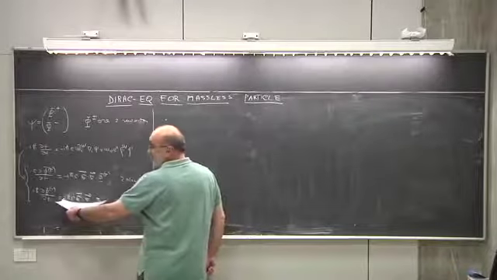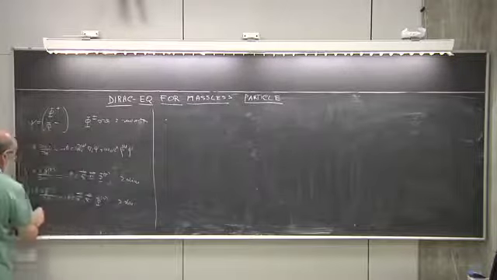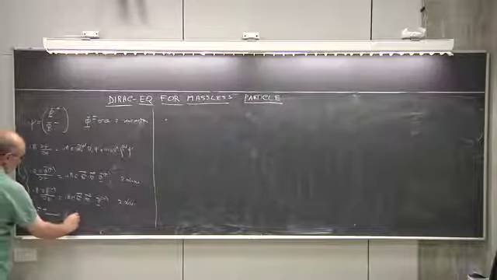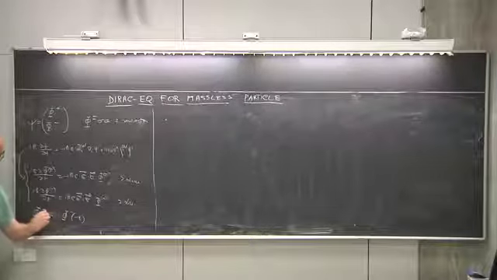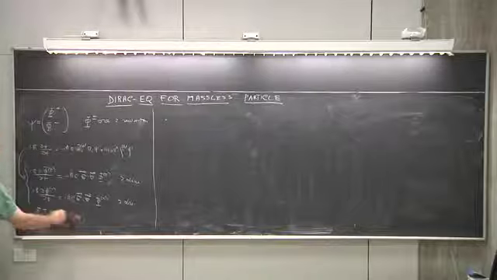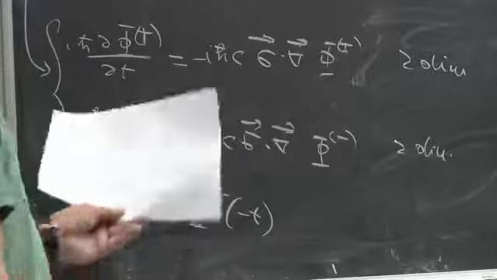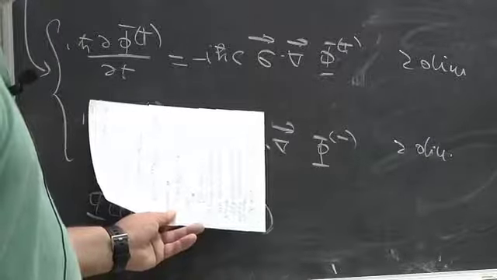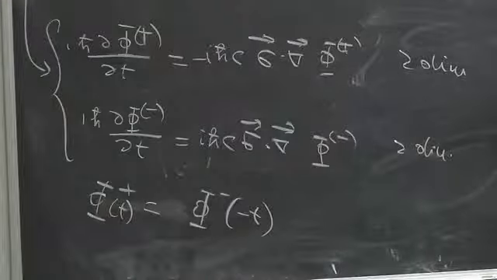The difference is this sign, but I get this sign if I send t into minus t. The solution I get for φ+ of t is the same as the solution I get for φ- with minus t. So again, for a massless particle, I just need two equations. This was Weyl who realized that, but then various people did not believe that.